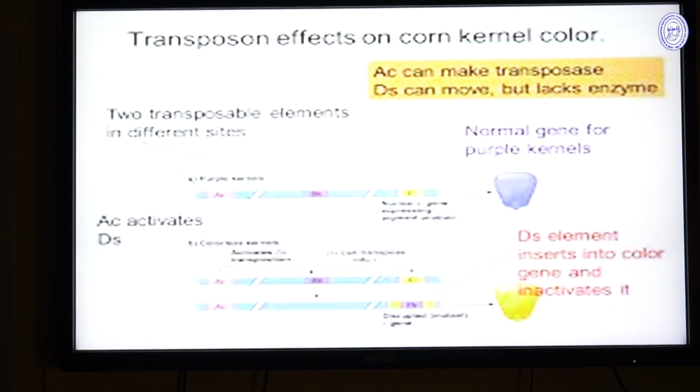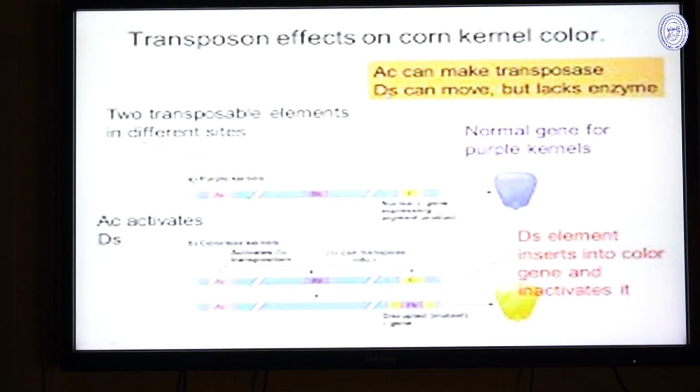Now, it was found that there were two transposable elements, the AC element and the DS element. Both were found to be transposons, but there were a few differences between them. The AC element was an independent transposon that was capable of moving all by itself, without the help of any other transposon, from one part of the gene to another, whereas the DS element was found to be a dependent type.